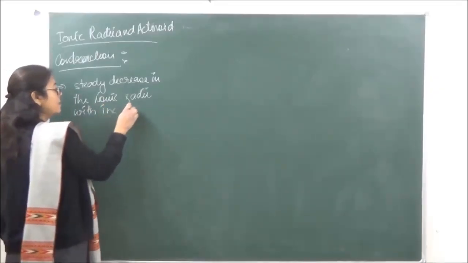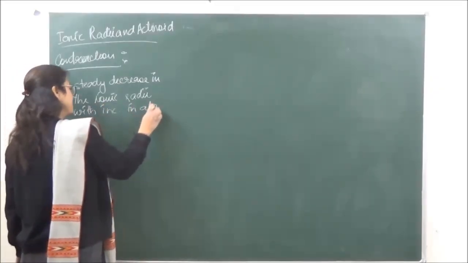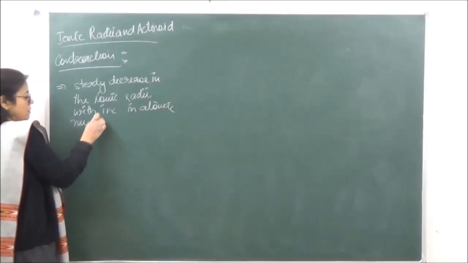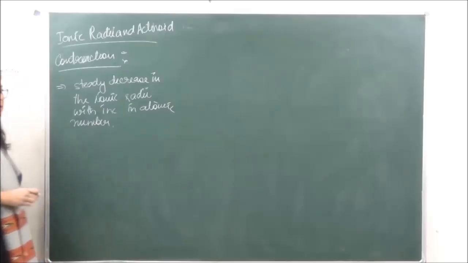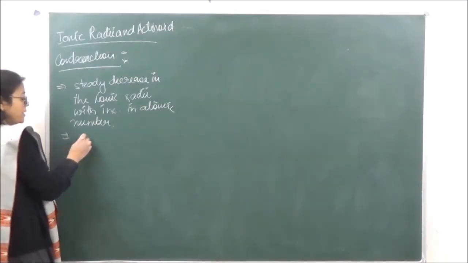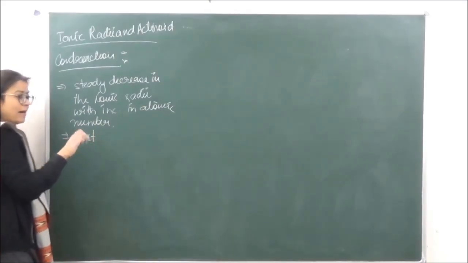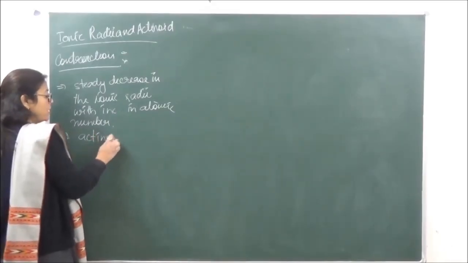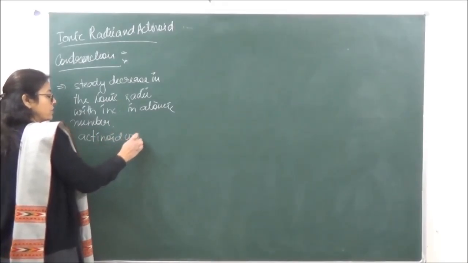with increase in atomic number. Okay, with increase in atomic number. Now this is due to the fact that over here, just like there we did lanthanoid contraction, here there is going to be actinoid contraction.